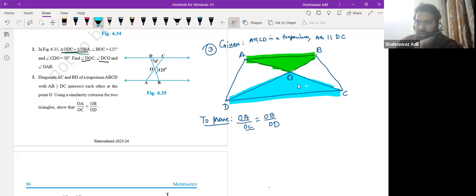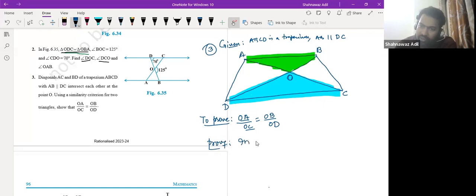What about these two triangles? Do they contain all of AO, OB, OC, OD? Yes. So we will pick these two triangles.